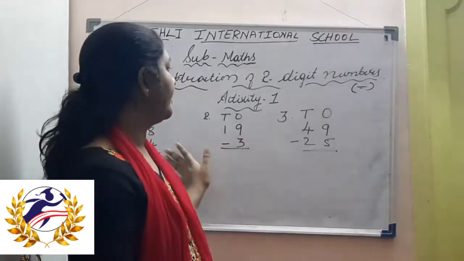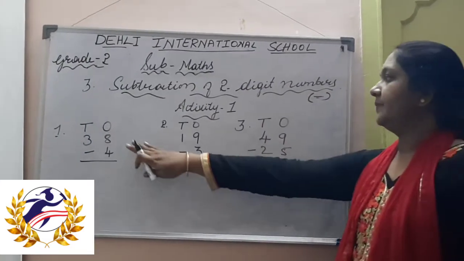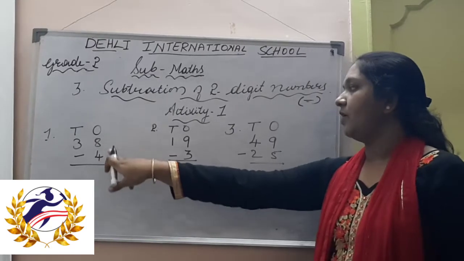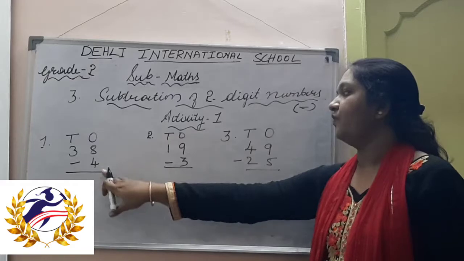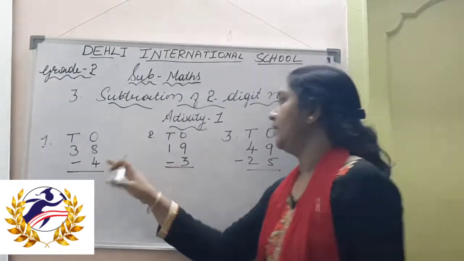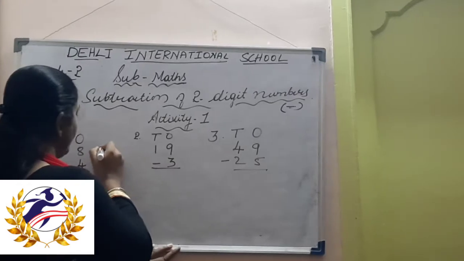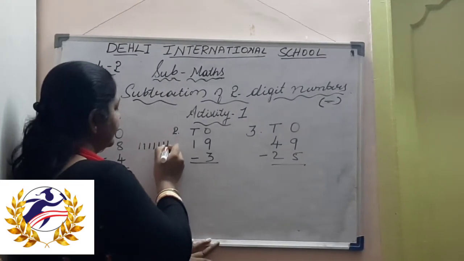Now let us do the sums by subtracting two-digit numbers. Here there are two digits and a single digit. How to subtract? The bigger number is 8. We have to subtract 4 from the 8. Let us subtract. 1, 2, 3, 4, 5, 6, 7, 8.